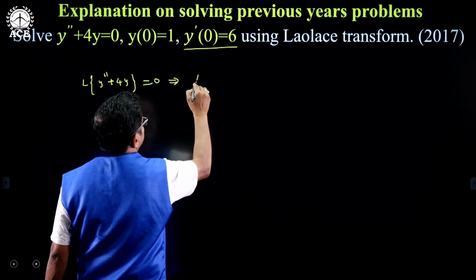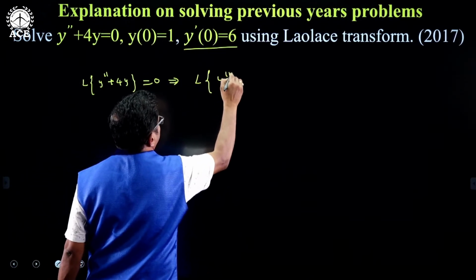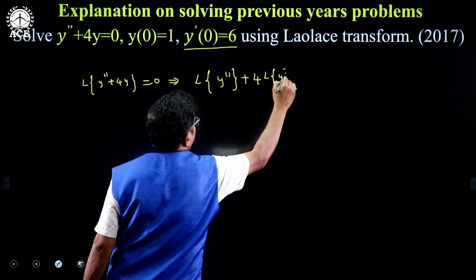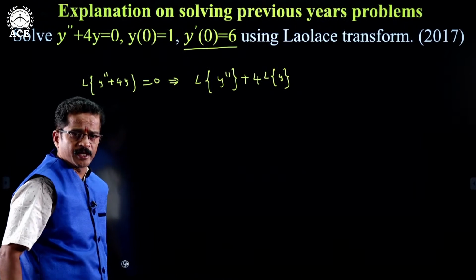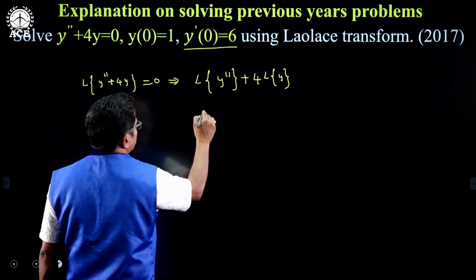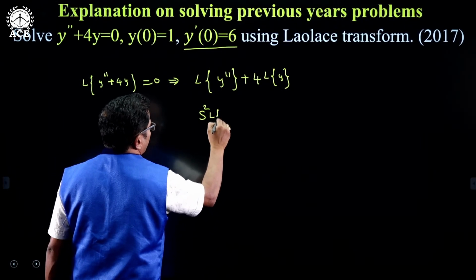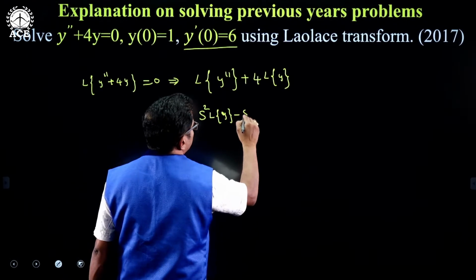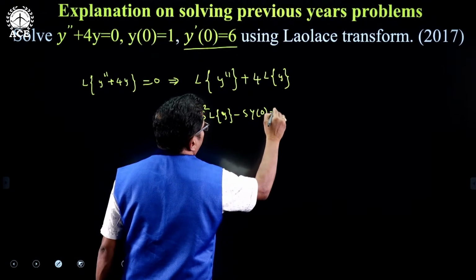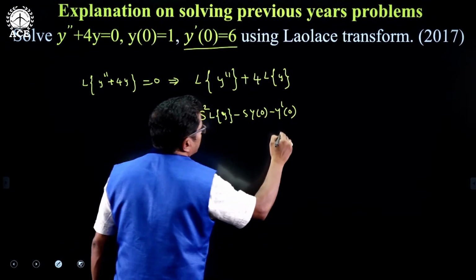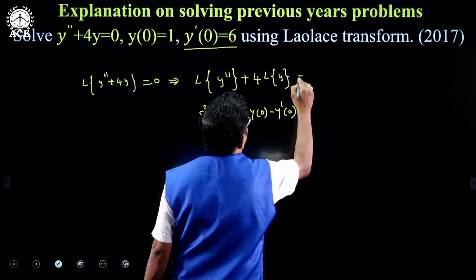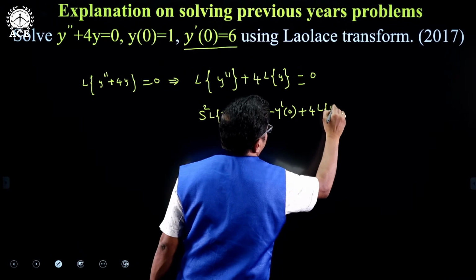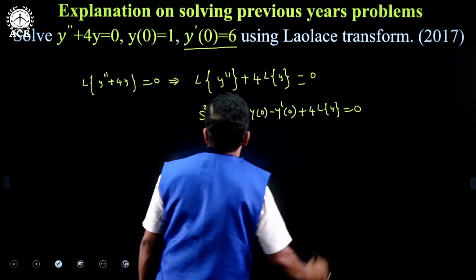So this I am writing as L of y double dash plus 4 into L of y. Laplace transform of second derivative formula is s square into L of y minus s into y of 0 minus y dash of 0 plus 4 into L of y is equal to 0.